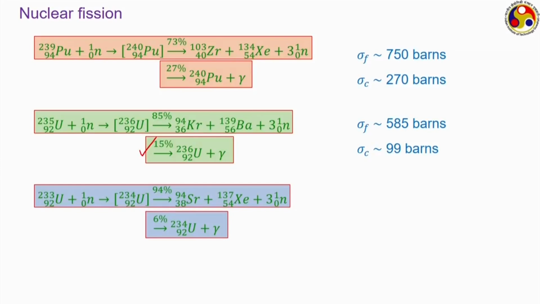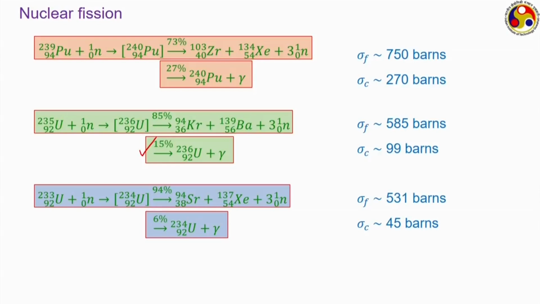A third set of examples is with uranium-233, another very popular isotope used in nuclear reactors. After capturing the neutron, it produces uranium-234, and almost all of these uranium-234 nuclei can go through a fission reaction. It is a very high percentage of 94%, because the corresponding fission cross section is extremely high compared to the capture cross section.